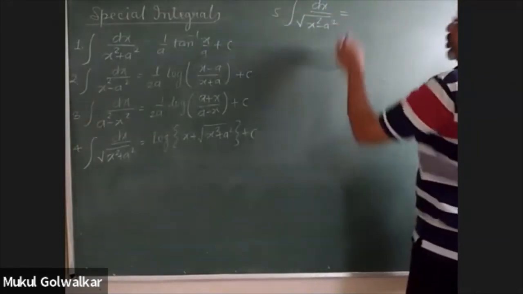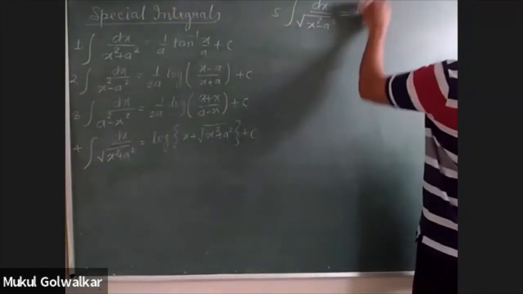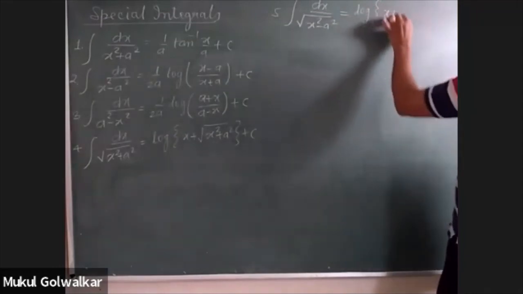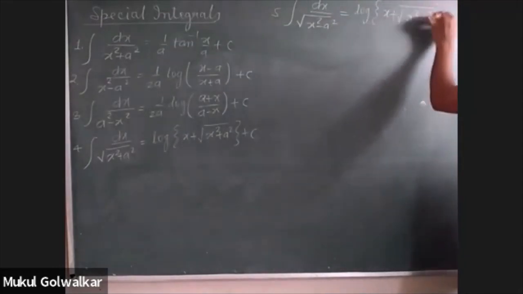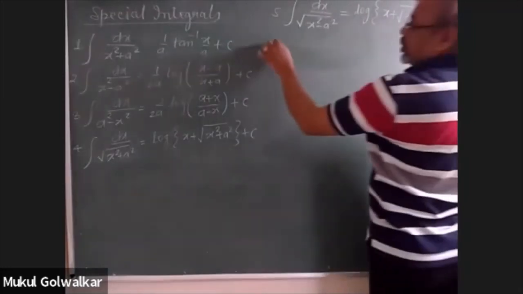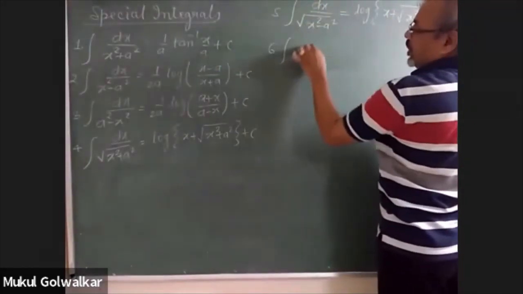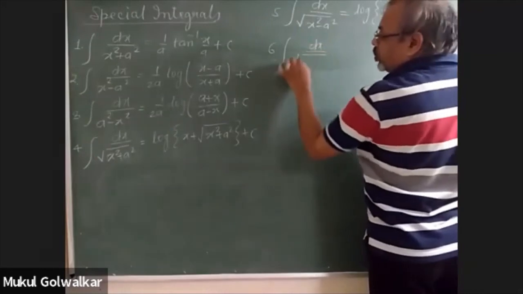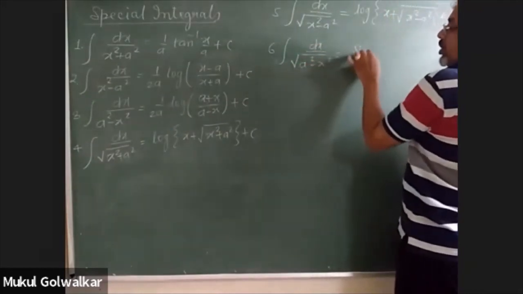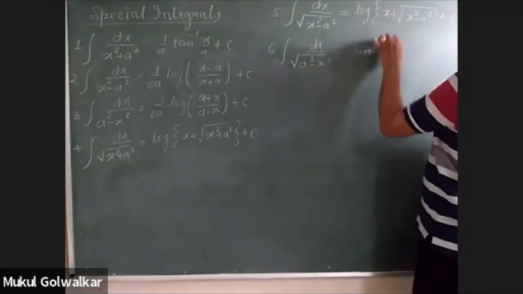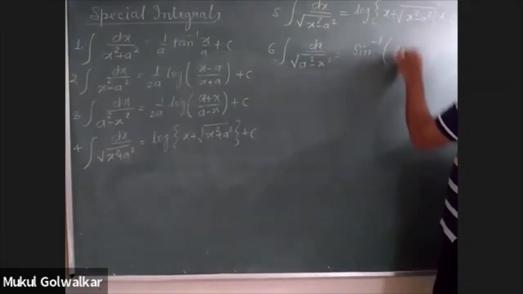This will be equal to log of x plus under root of x square minus a square plus a constant. Sixth formula, dx upon under root of a square minus x square is equal to sine inverse of x upon a plus constant.